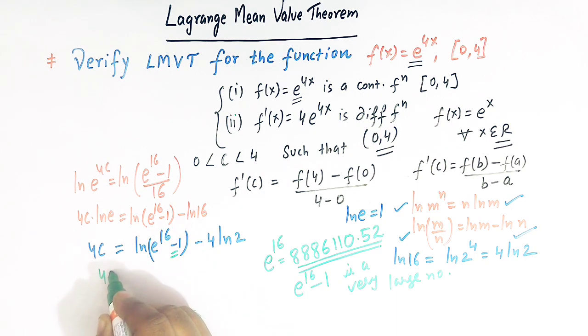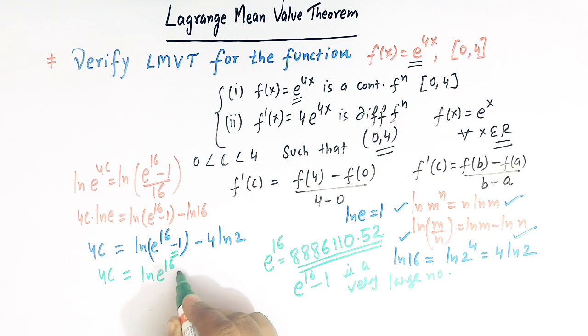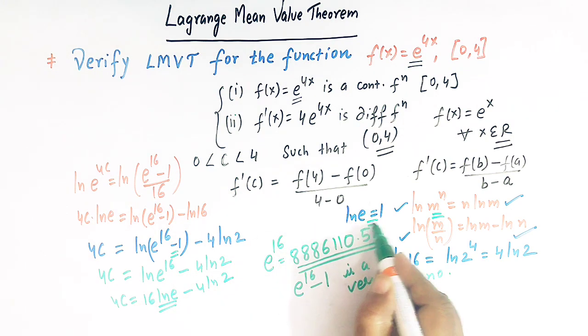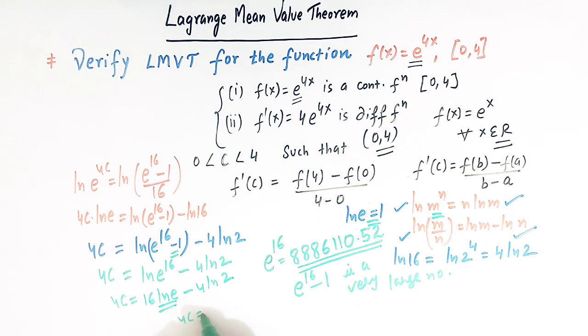So we can now write log of e raised to 16 minus 4 times log of 2, right? So this is 4c, and here applying the property of log, we have 16 times log of e minus 4 times log of 2, and log of e is 1. So we have 4c is equal to 16 minus 4 times log of 2.